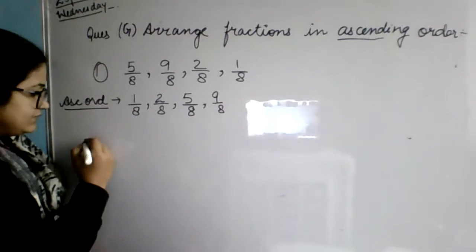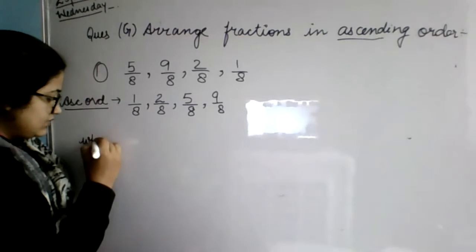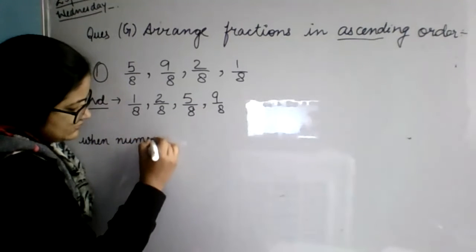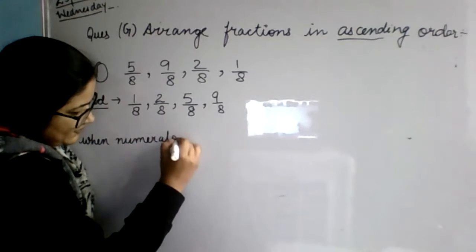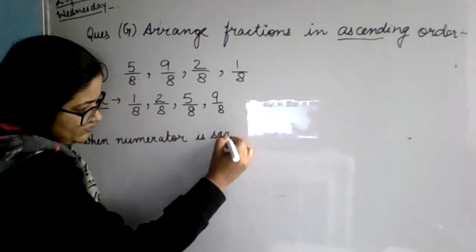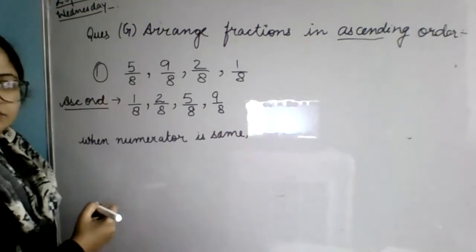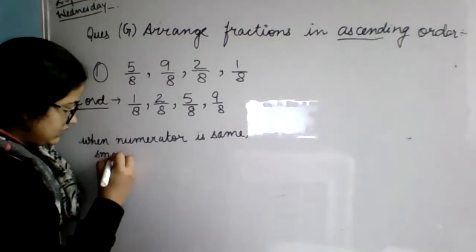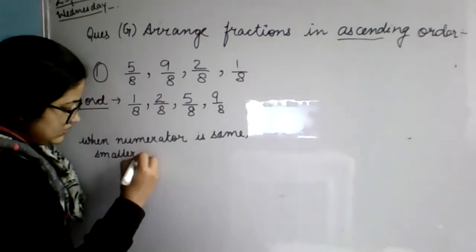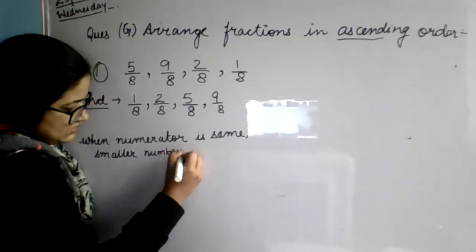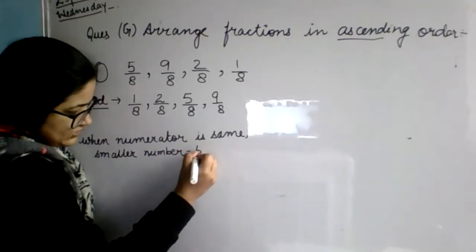Now after this write one line here. When numerator is same, put a comma over here. Small number is equal to big fraction.